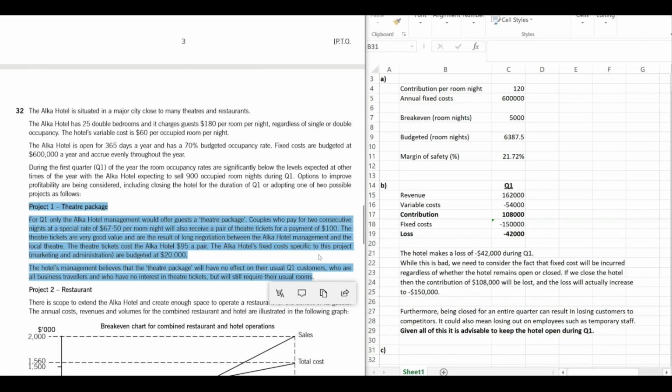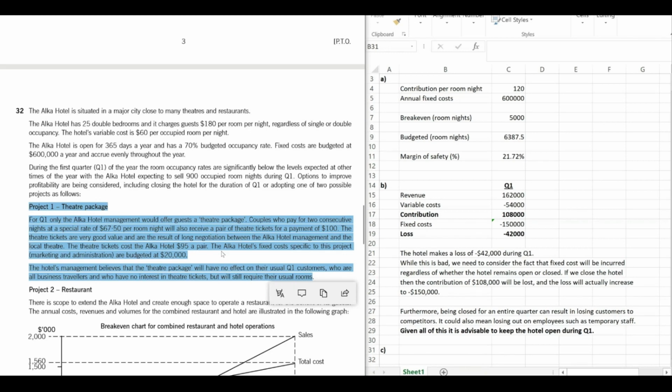Alka's fixed cost specific to this project, so they're relevant because they're specific fixed costs, are budgeted at $20,000. The hotel management believes that the theater package will have no effect on their usual Q1 customers, who are all business travelers and have no interest in theater tickets, but will still require their usual rooms.